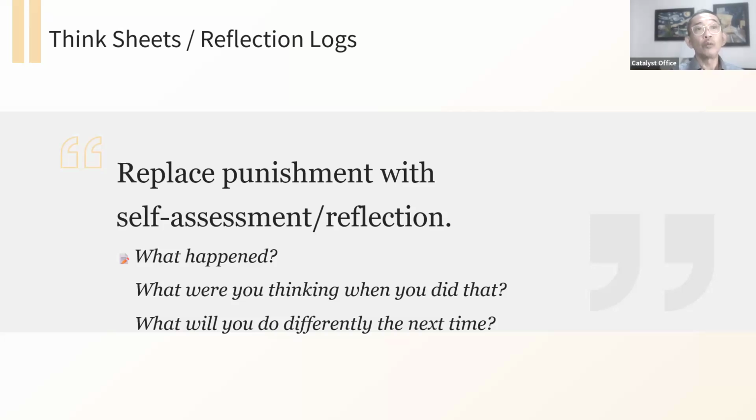So it works both ways. No? The think sheets will enable the student to reflect, and at the same time, you as a teacher, when you read the reflection of your student, you will also see where you may have gone wrong in addressing the problem. Okay, so it's going to be a win-win situation for both you and the student.